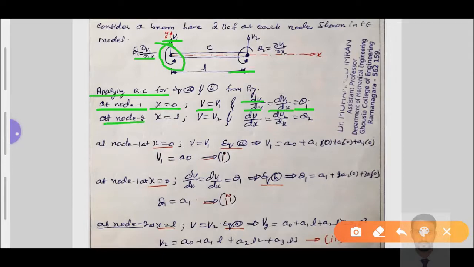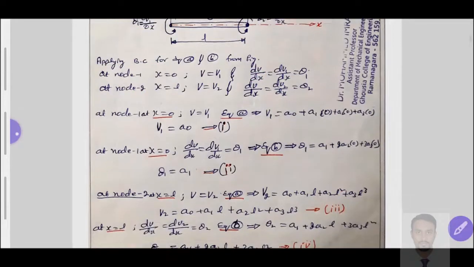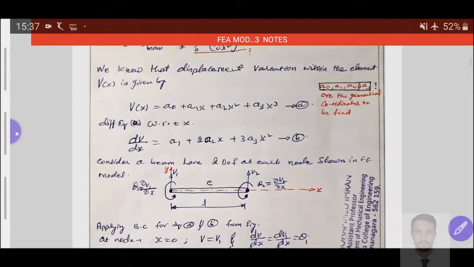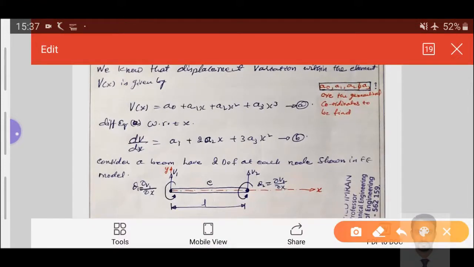At node number 2, x is equal to L, then v becomes v2, and dv/dx becomes dv2/dx, equal to theta 2. So these are the boundary conditions. We need to apply these boundary conditions to find the unknown coefficients a0, a1, a2 and a3.